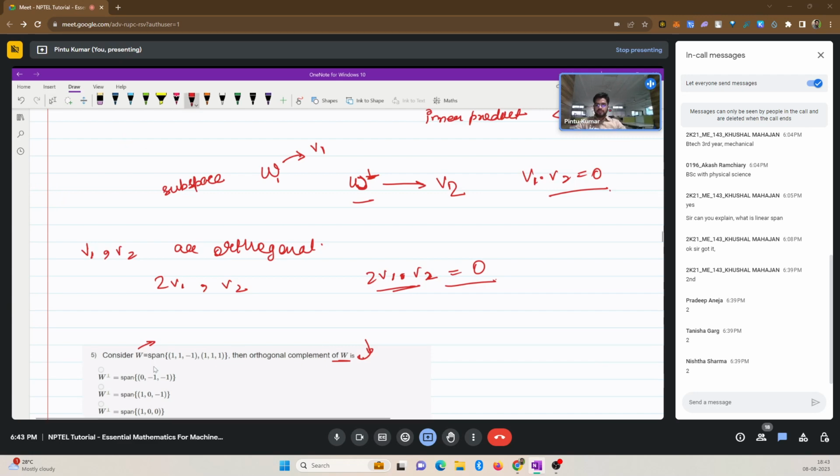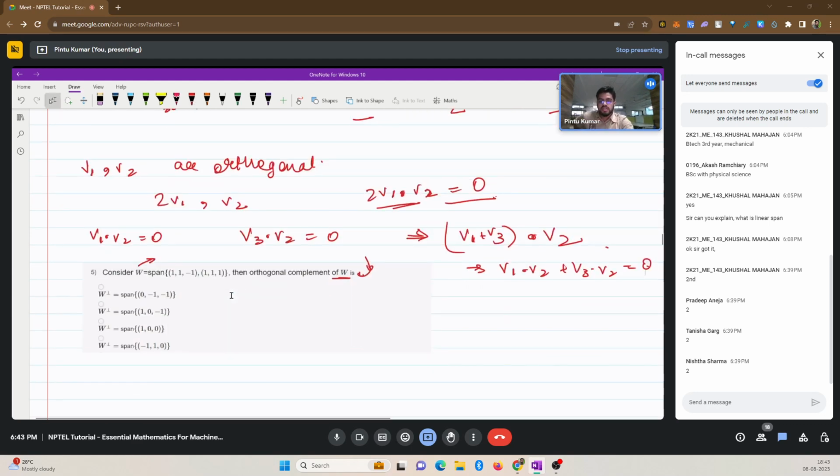Another thing: let's say v1 dot v2 is 0 and v3 dot v2 is also 0. This would imply that v1 plus v3 dot v2 is also 0. The dot product would split into v1 dot v2 plus v3 dot v2, which leads to 0. So why am I saying all these things?